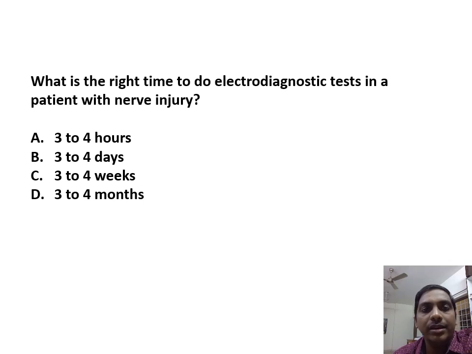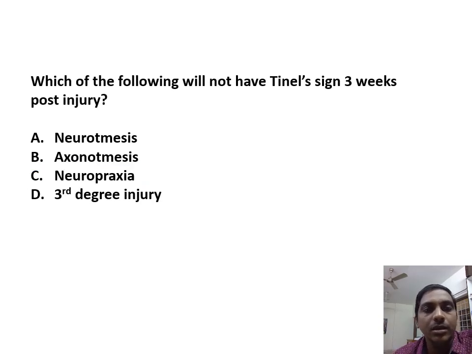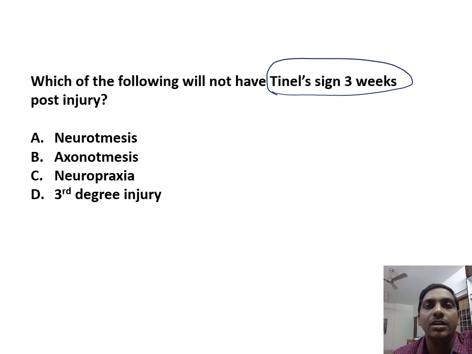Then, as I already discussed, what is the right time to do electrophysiological diagnostic test in a patient with nerve injury? Ideal is 3 to 4 weeks. Which of the following will not have Tinel sign 3 weeks post injury? Because 3 weeks is the time required for complete Wallerian degeneration as well as regeneration.